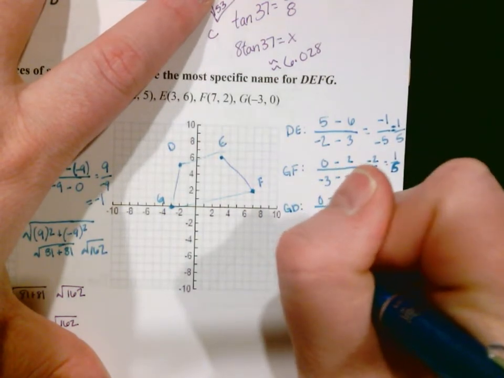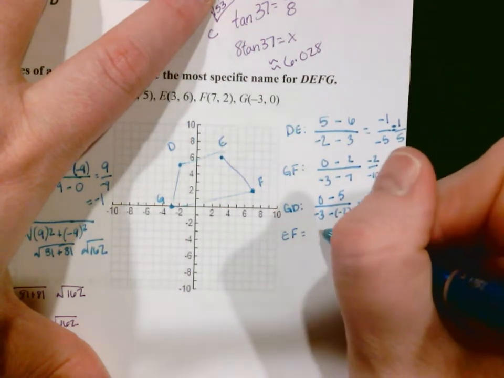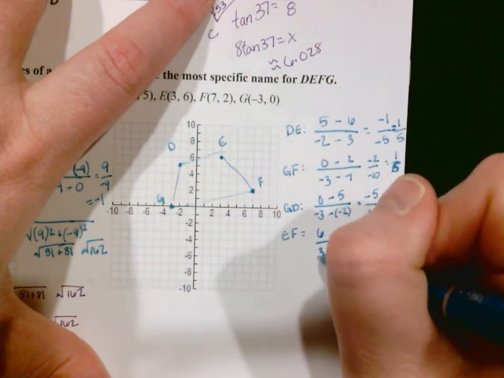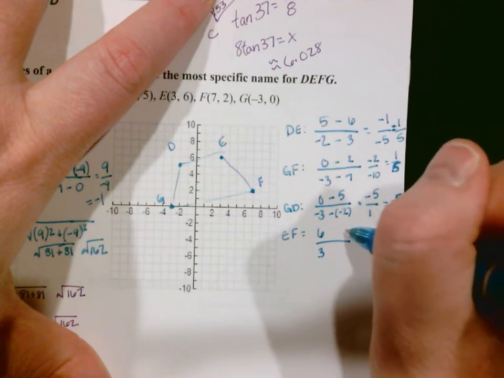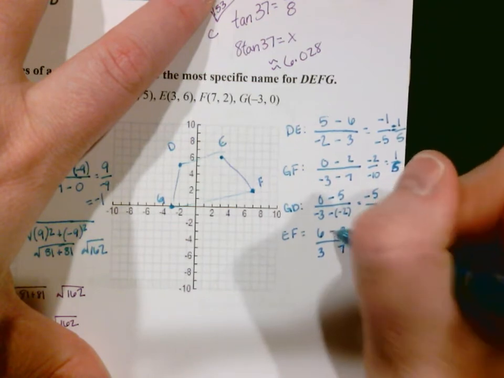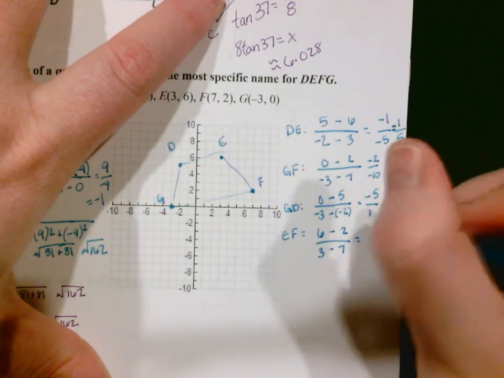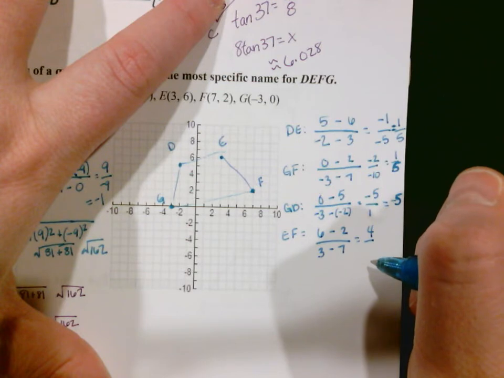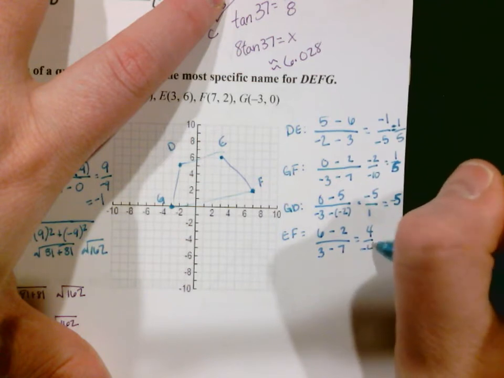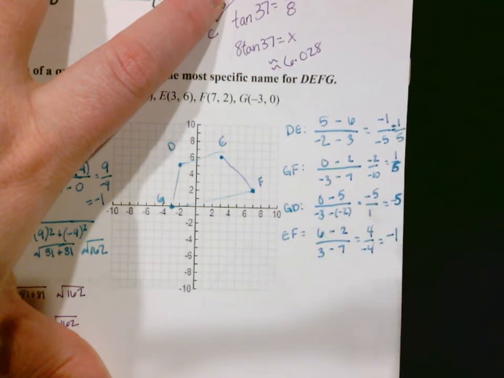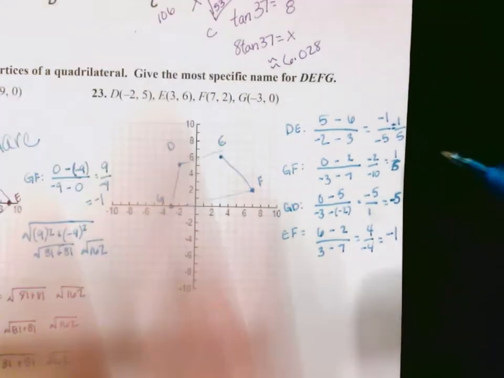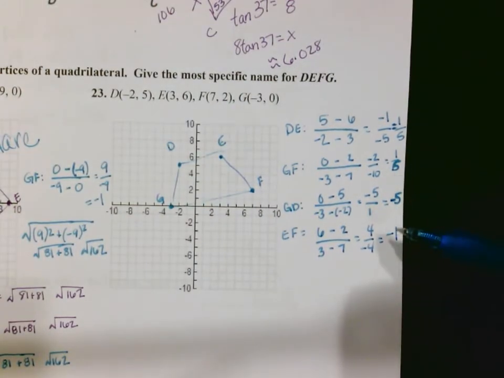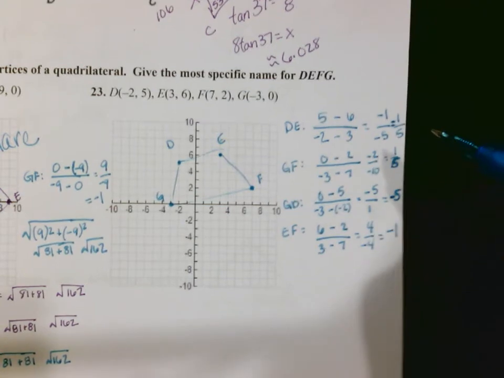EF is 6 minus 2 over 3 minus 7, which gives me 4 over -4, which equals -1. So I have two slopes that are the same and two slopes that are different, which means I have exactly one pair of parallel sides.